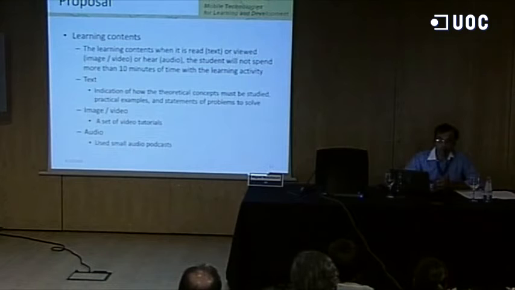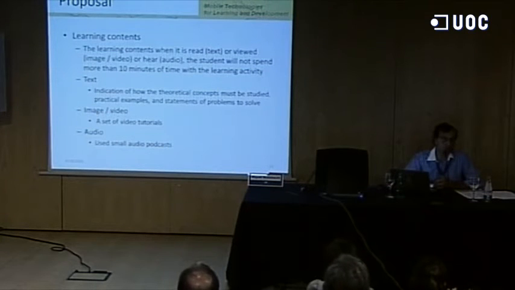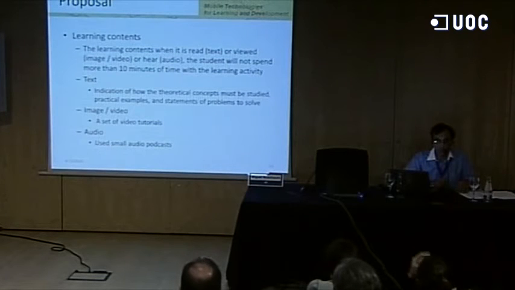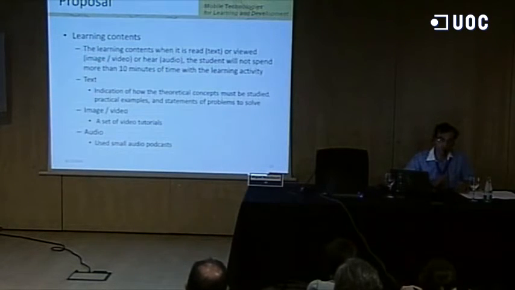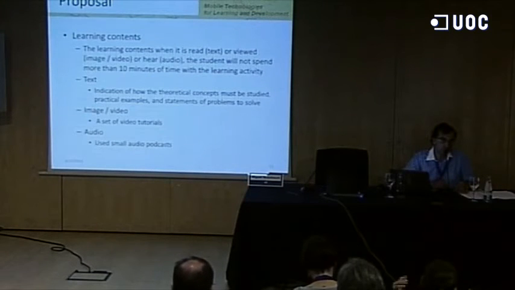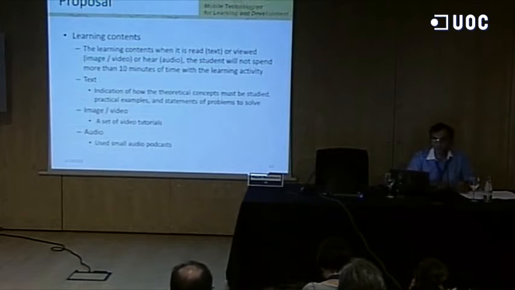Text I use to indicate how the theoretical concepts must be studied, practical examples and statements of problems to solve. Images and videos are a set of video tutorials to try to explain some simple concepts. And audio, as I said, you can use audio for a book or some small podcast that students can listen to, to understand the concepts as well as they can.